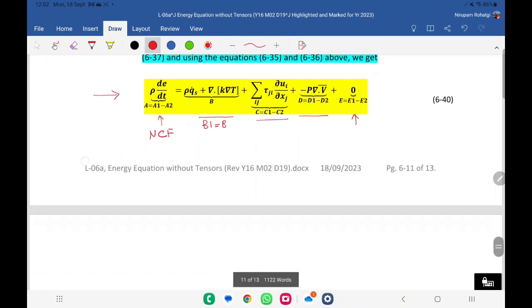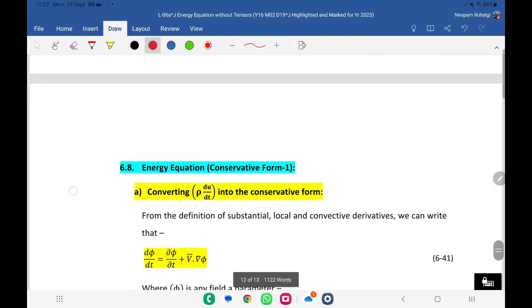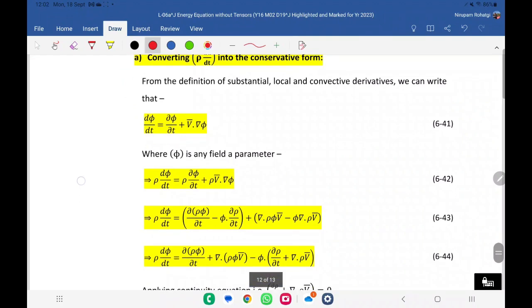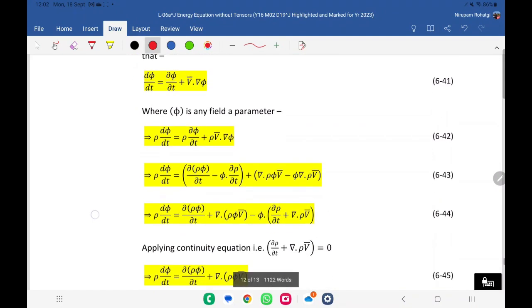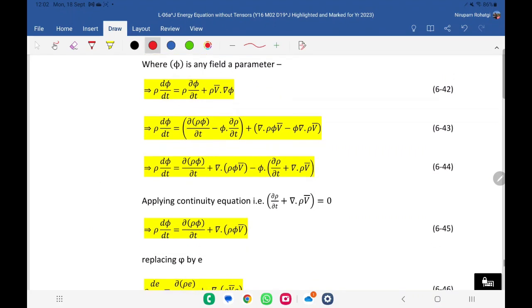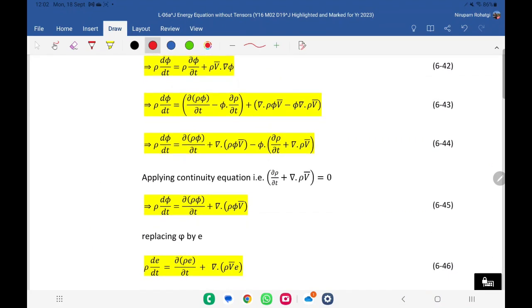You can change it again as we have done before, right? This mathematics is just telling you about the phi. You apply it to this. You can write the same total derivative, local derivative, and convective derivative.